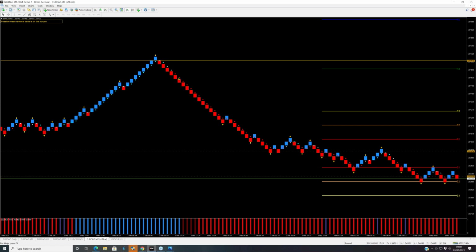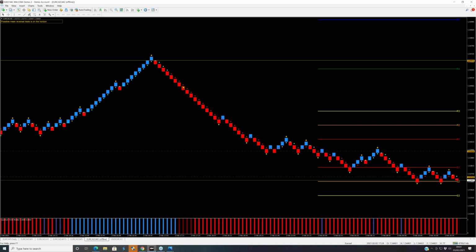Now, taking a more conservative entry means that you will miss part of the move, but in trading, you can't have everything. You have to take what the market offers you, and it also has to be based on how comfortable you are entering, as I said, on a more aggressive end.